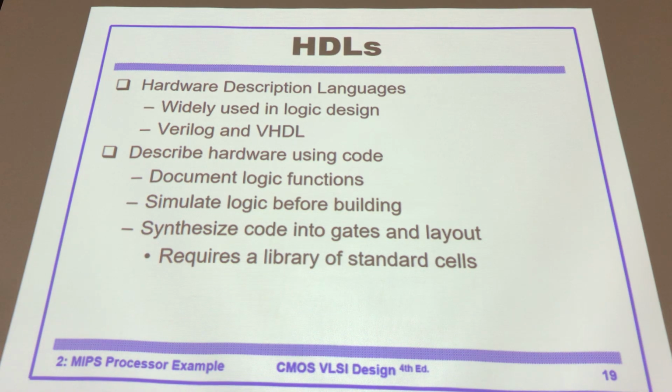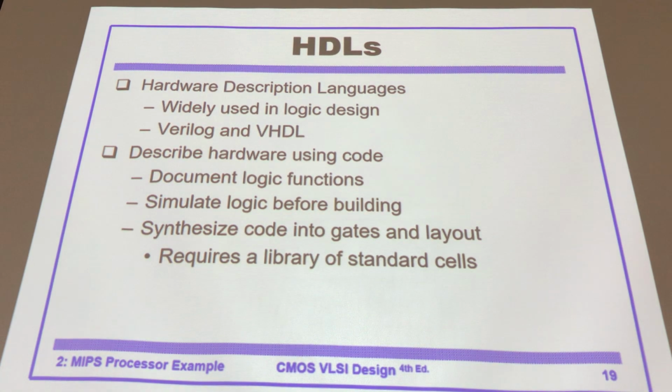Simply write the code. So in the next unit, we are going to cover testing and the Verilog. Okay. Describe hardware using code. The purpose is it can document logic function and also simulate logic before building.